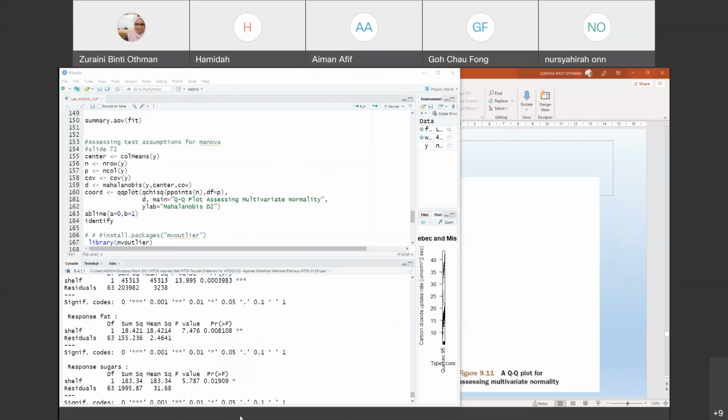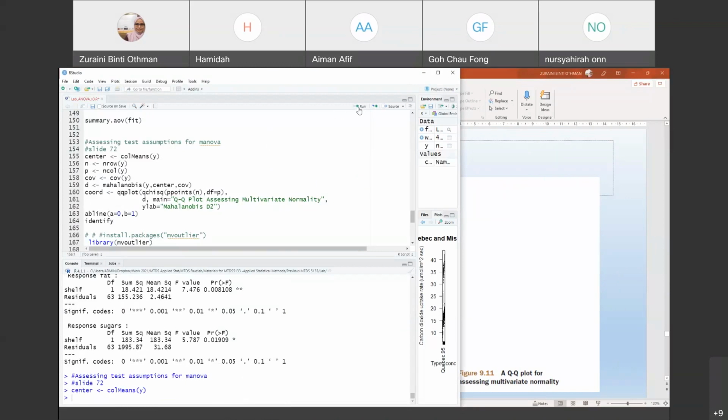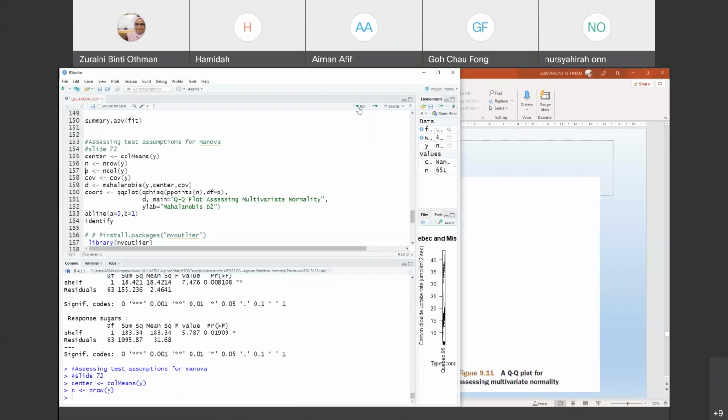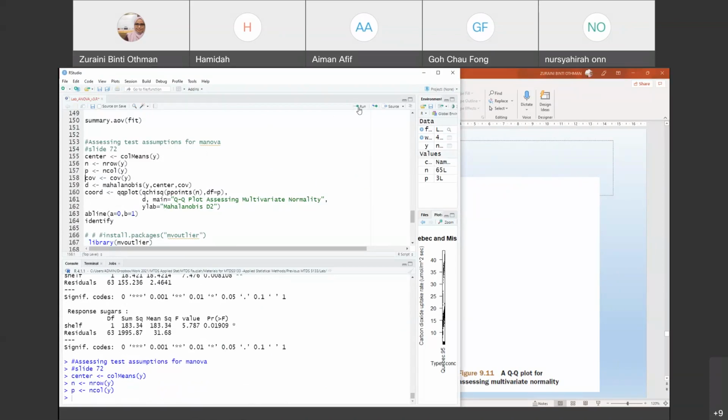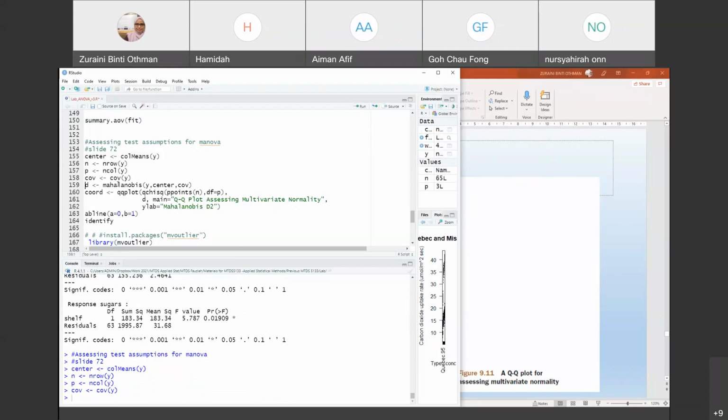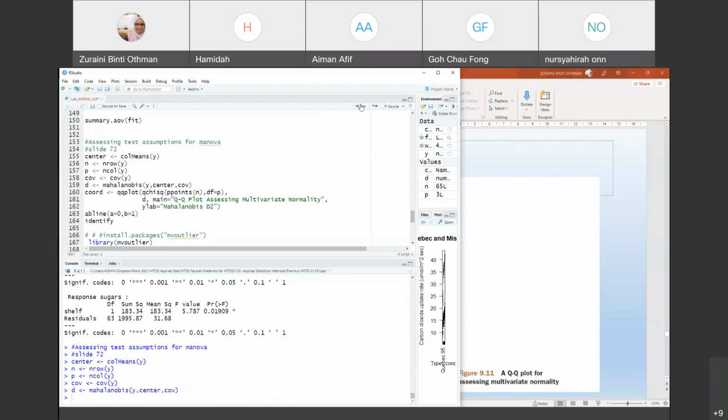We want to create a plot here, with the number of rows and columns, the covariance we got just now, and the Mahalanobis distance.